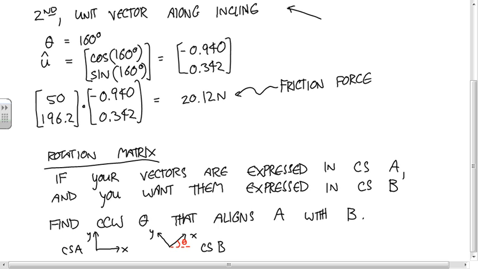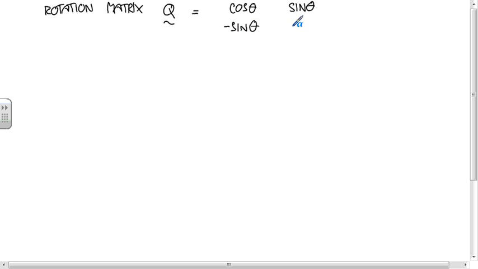Okay, so once you have that angle theta, the rotation matrix Q is equal to cosine theta, sine theta, negative sine theta, cosine theta.